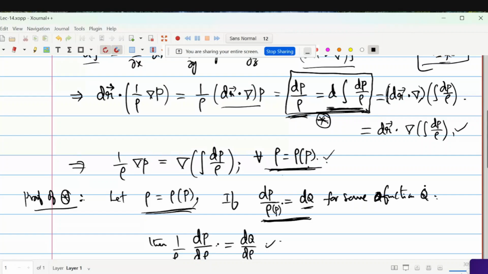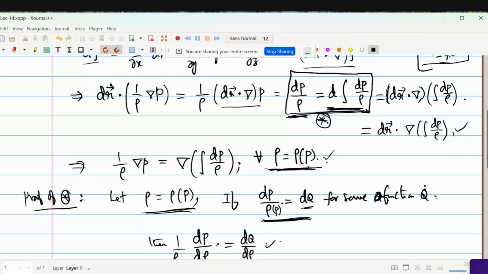This is only a function of p, not of anything else, so this is true only for barotropic flows. Now I'm writing this one, and what is the other one that you have? This plus the gradient of gz.